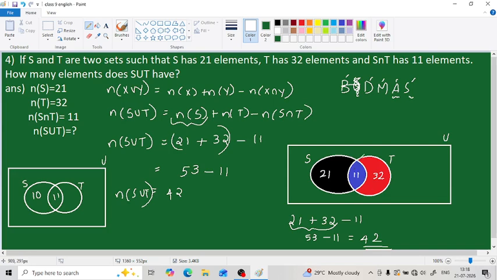In total T has 32 elements, and from that 32, 11 is common. So how many elements are present only in T? That is 32 minus 11, which is 21. When we add these all together, 10 plus 11 plus 21, we get 42. In both ways we can solve it.